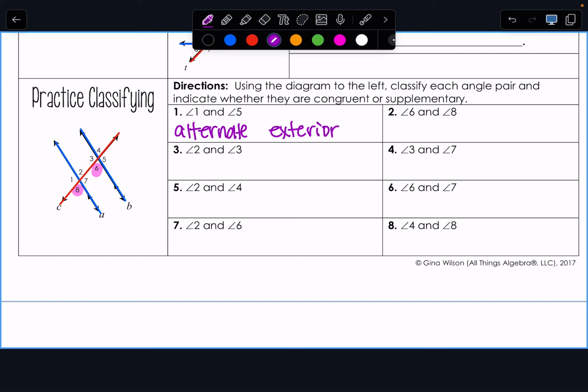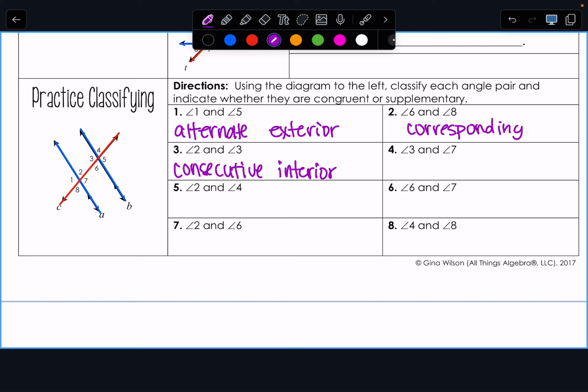Theo, what do you think? Corresponding. Any objections to corresponding? No. Those angles are in the same spot. Awesome. How about 2 and 3? Joey, what do you think about that? It is a corresponding. No wait, hold on. It's a consecutive interior. There we go.